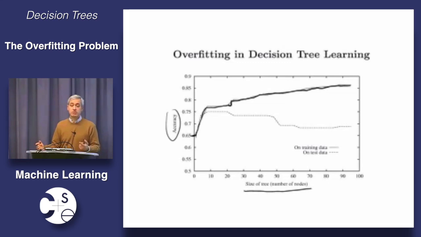Whether my measure is error rate or information gain, if I'm optimizing that, the error can never go up. Let's think of error rate, the simplest one. I picked this split because it made the error rate smaller. If nothing makes the error rate smaller, I stop right there.